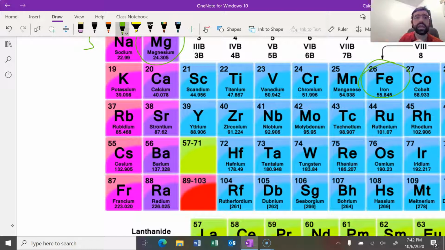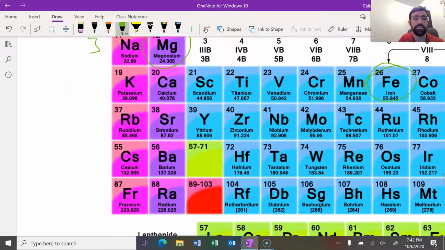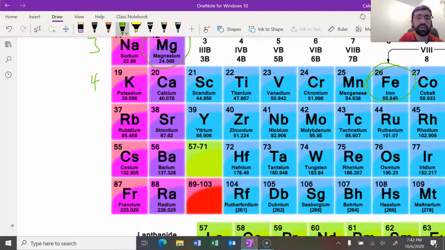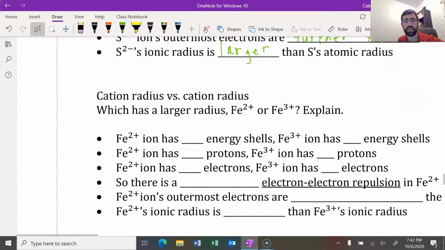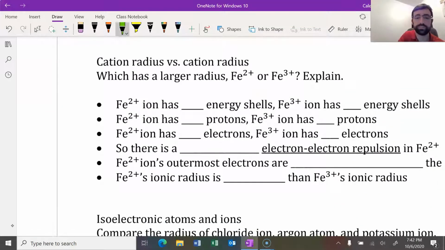So instead of having 4 energy levels, we're actually just going to have 3 because it's lost both of those outer electrons. So we've got 3 energy shells.